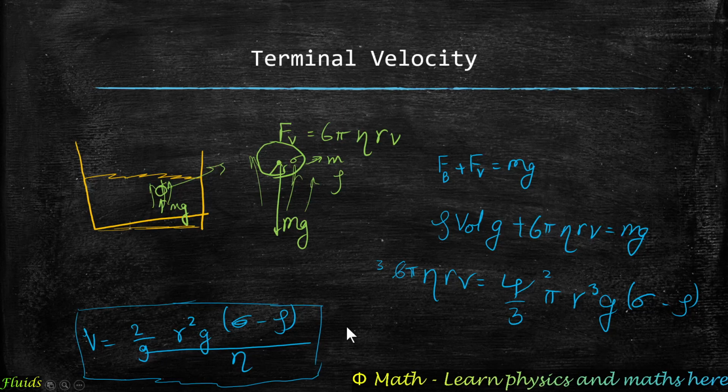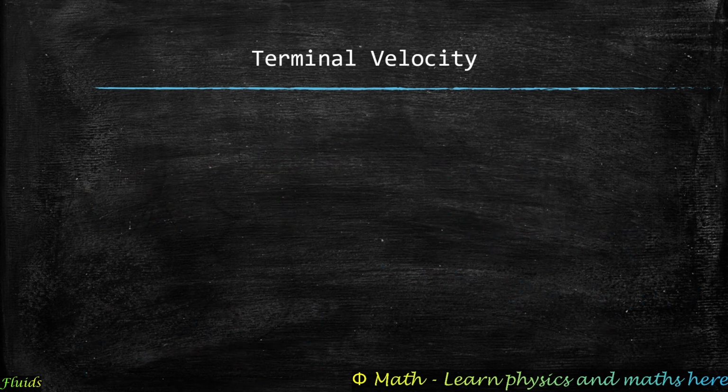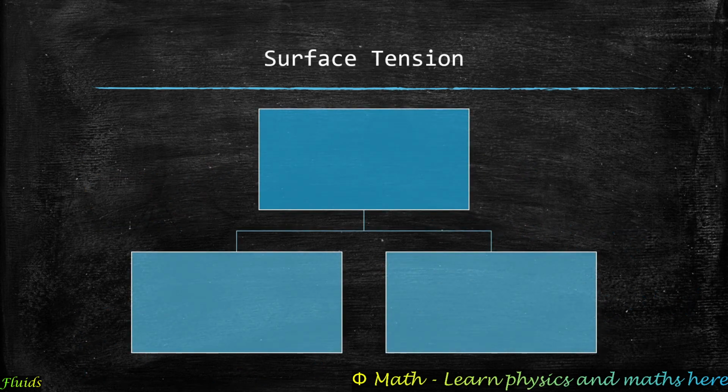So after this we have a property of a liquid called surface tension, and this is caused by two types of forces: cohesive and adhesive. Cohesive forces are the forces which act within the same type of fluid, because from the prefix co we can say it is common.